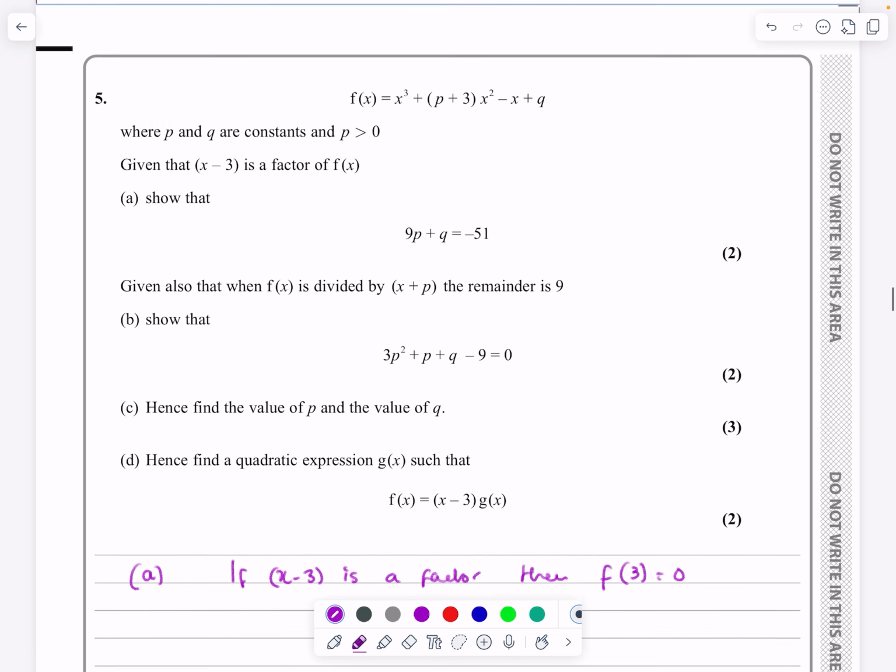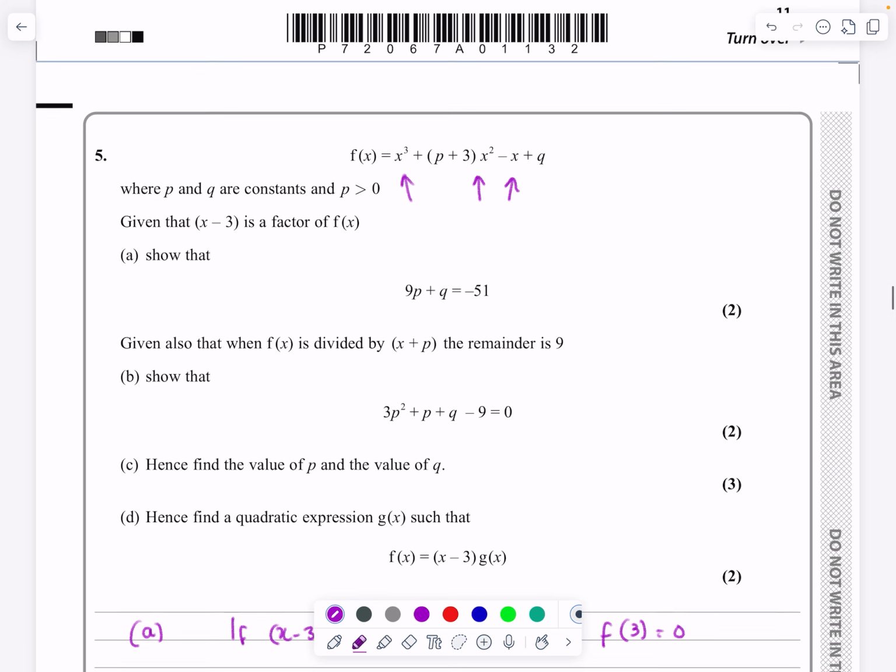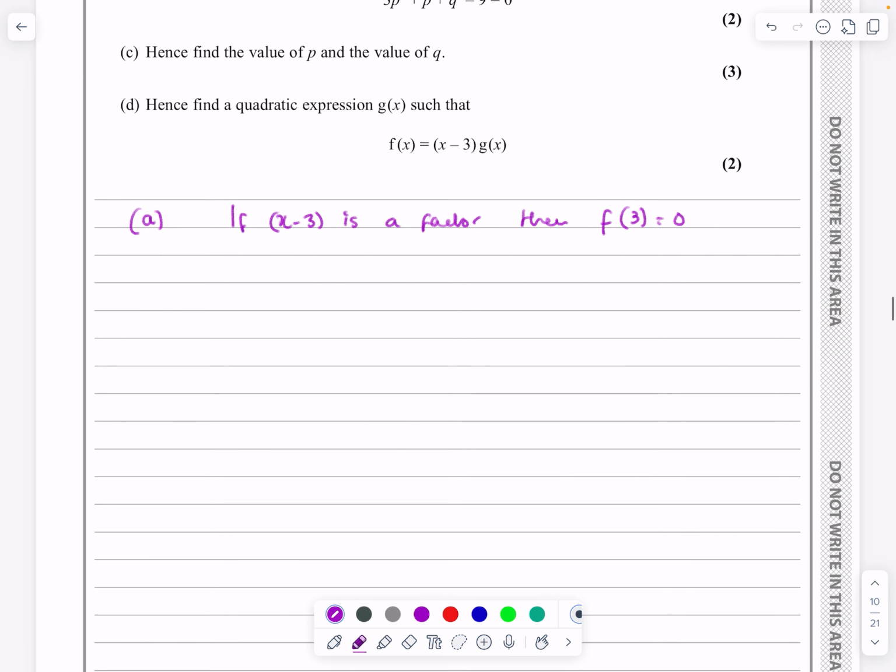So f(3) is putting 3 in for x in there. If we do that, we get f(3) works out to be 3 cubed plus (p plus 3) times 3 squared minus 3 plus q. That will all work out to be equal to 0.